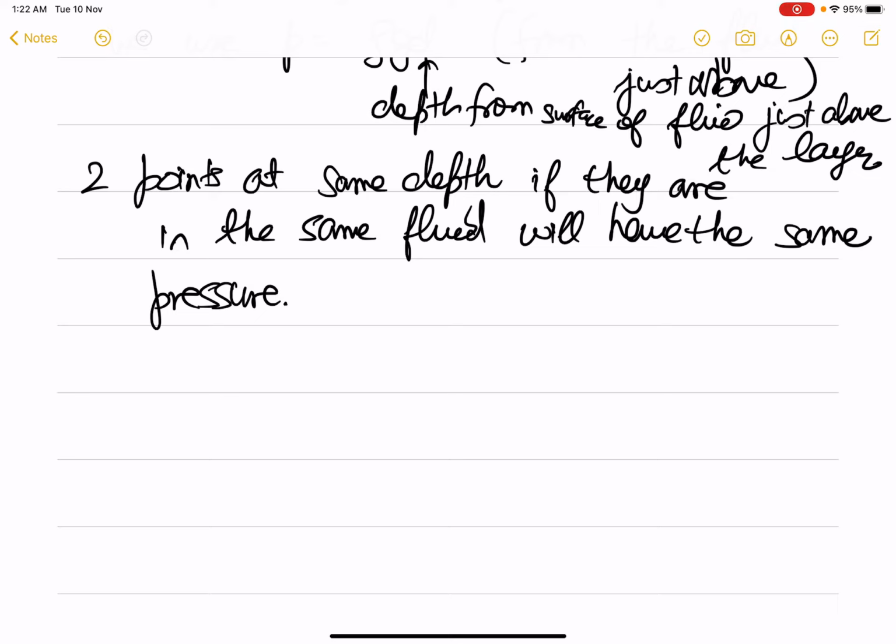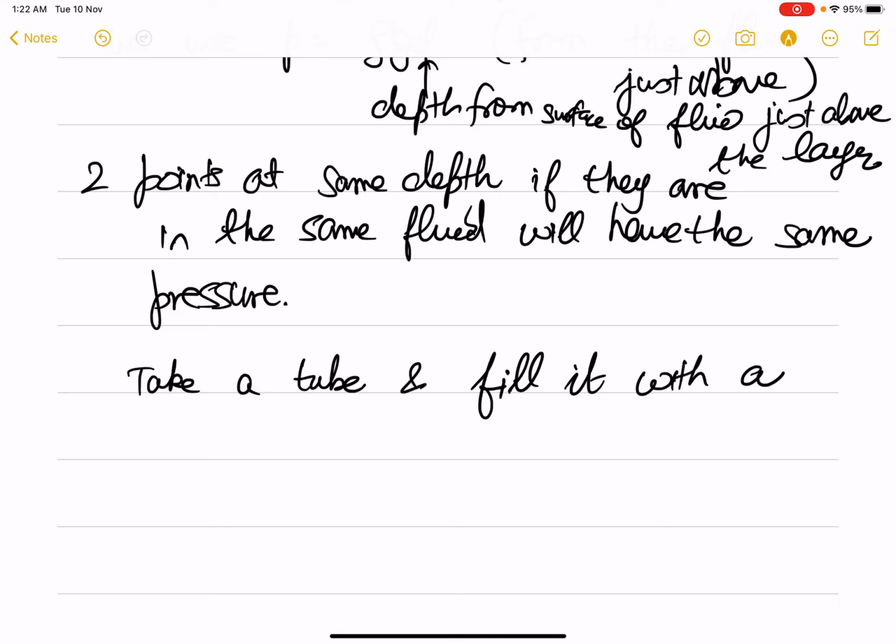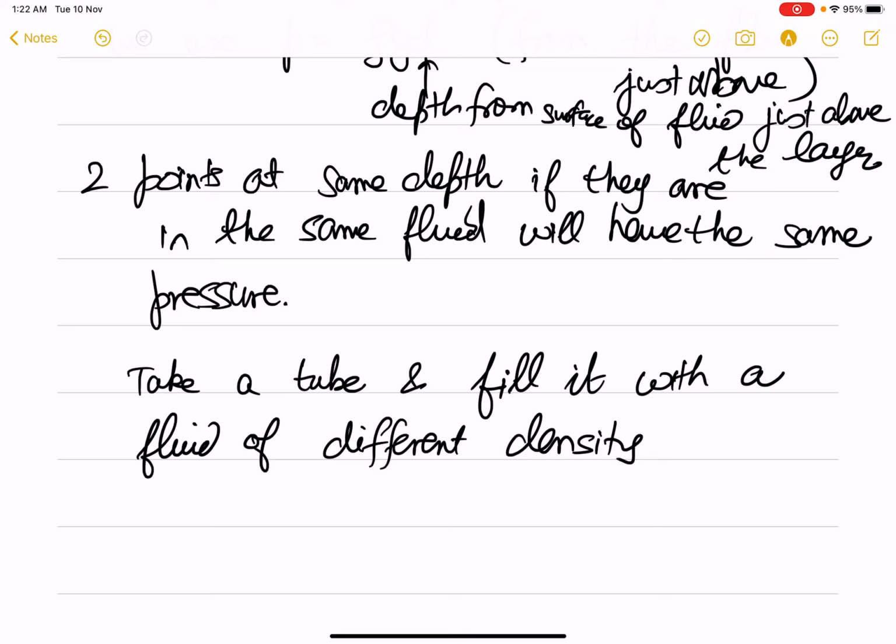Okay. So as I said, this concept we use in manometry, and what we do is we take a U tube and fill it with a fluid of different density.